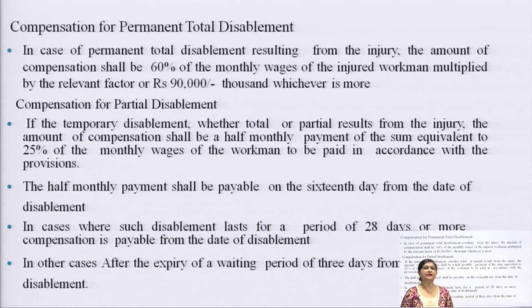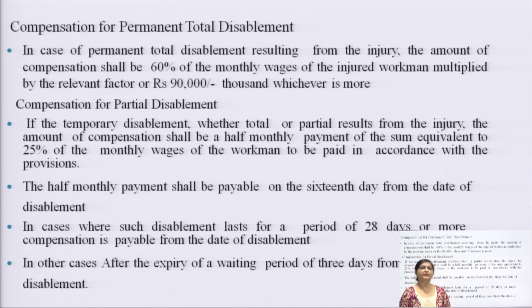If the temporary disablement, whether total or partial... total means the worker becomes unable to work, and in partial disablement he has lost some of his body part. So, he is unable to work.